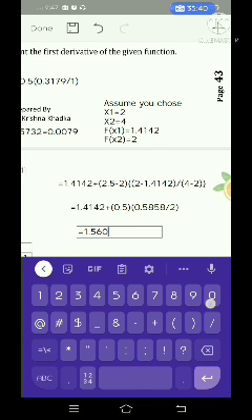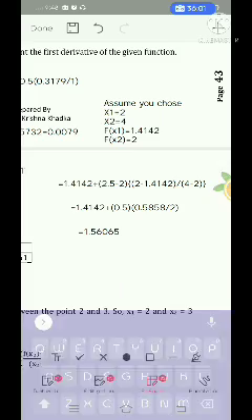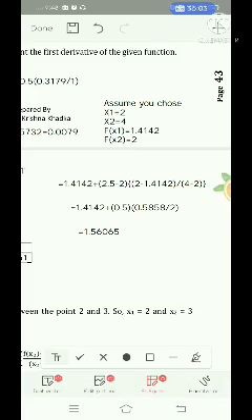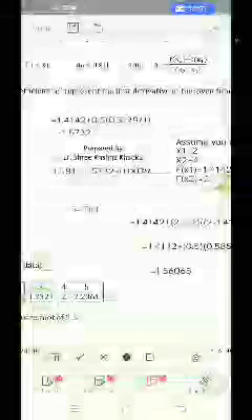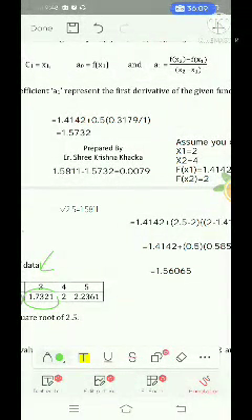That is how much? 1.56065. Ayan. So, ito yung magiging value na makukuha or approximate natin if yung ginamit natin is between 2 and 4. Can you follow?